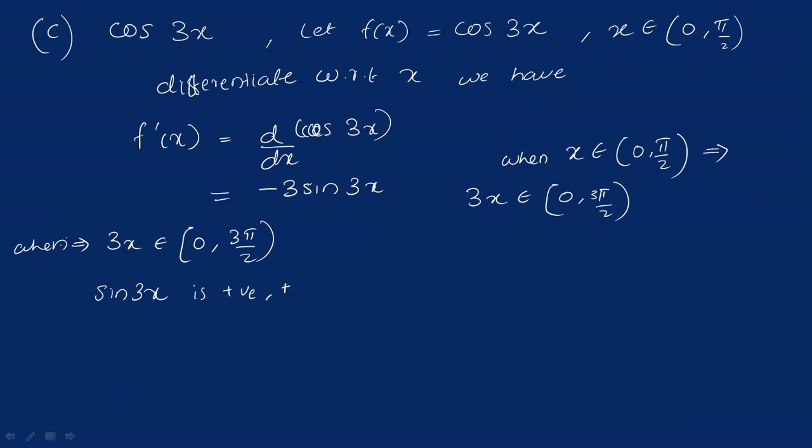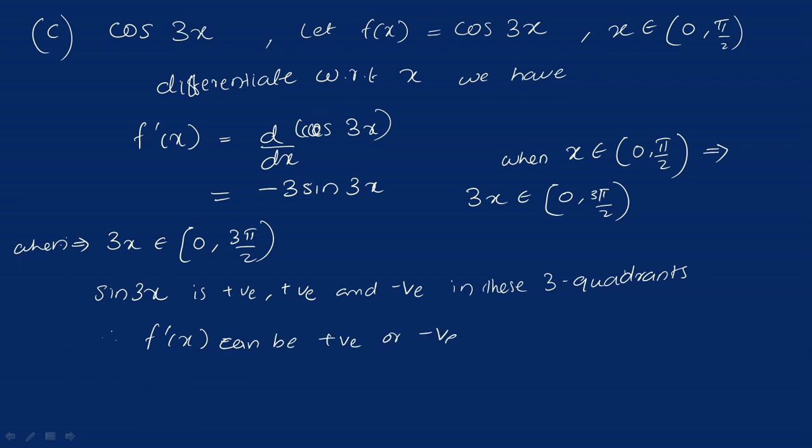So sin 3x is positive in the first quadrant, positive in the second quadrant and negative in the third quadrant. So f dash of x, that is minus 3 sin 3x, can be positive or negative. Hence cos 3x, that is f of x, is neither increasing nor decreasing when x belongs to the interval 0 to pi by 2.